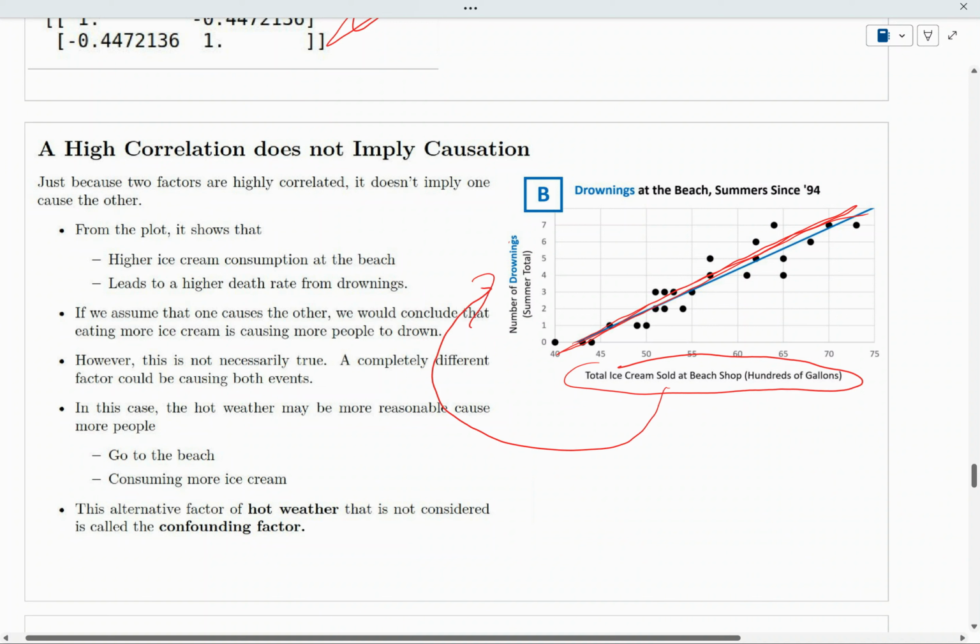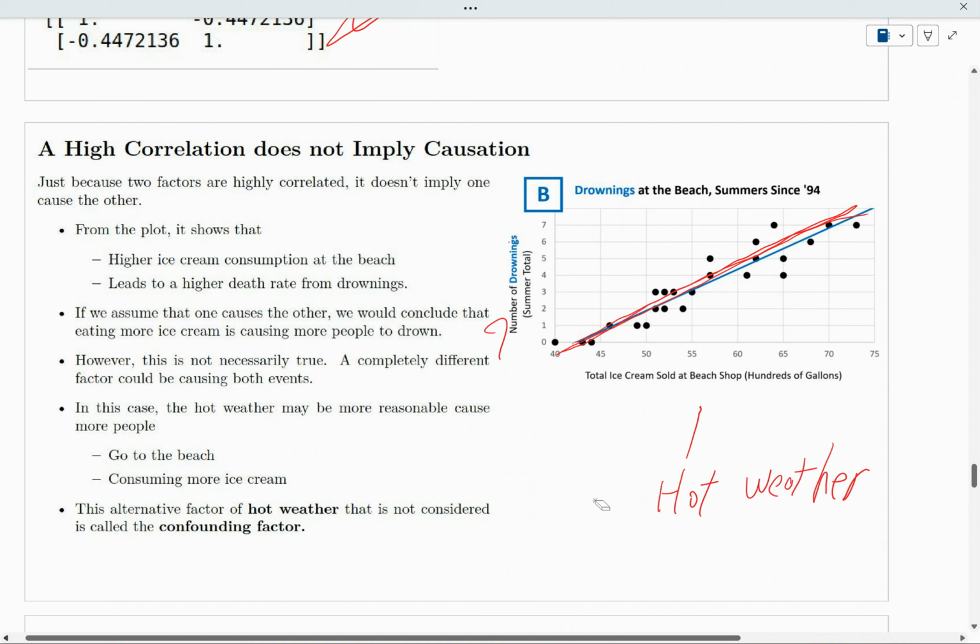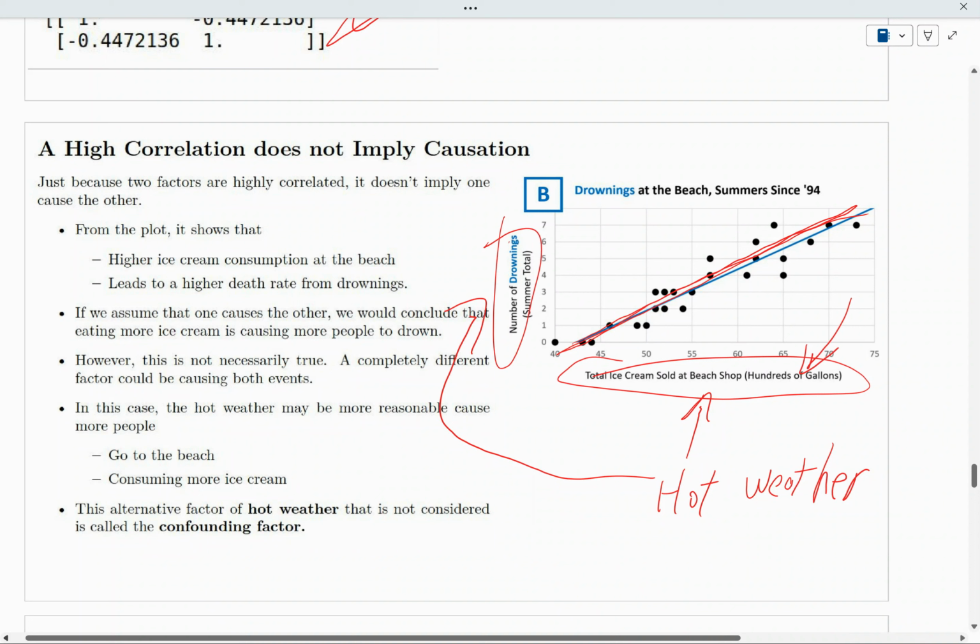And the answer is no. You cannot say that the total amount of ice cream sold is causing it. In this particular case, we have a third factor called the hot weather. The hot weather is causing more ice cream to be sold, as well as more people going to the beach, implying drowning. So just because two factors are highly dependent on each other, you can't automatically assume that one of the factors is causing the other factor.